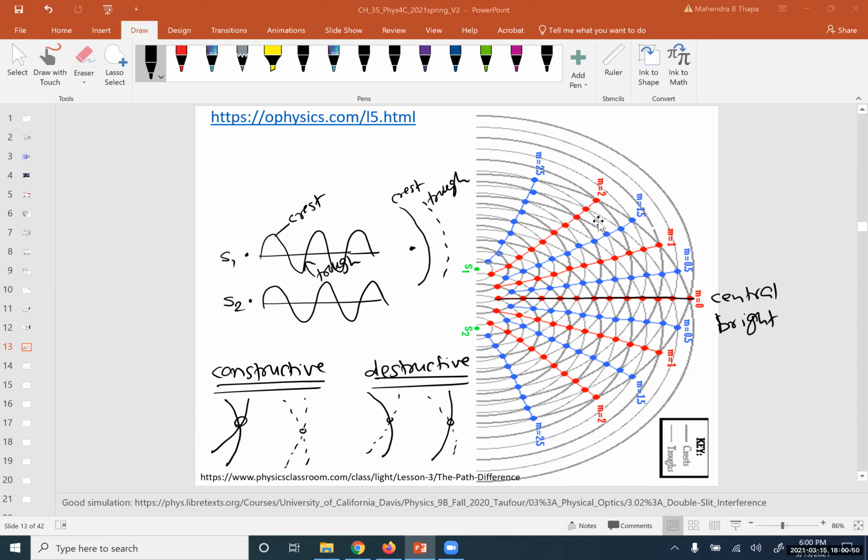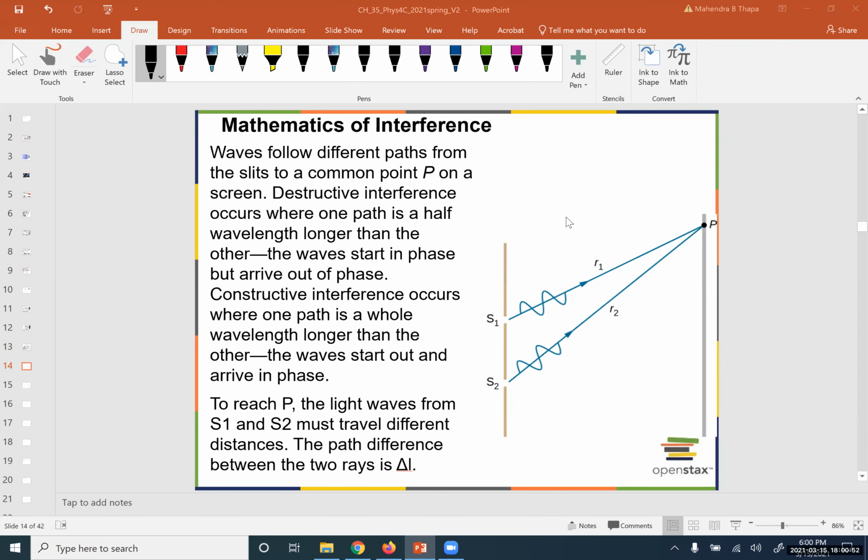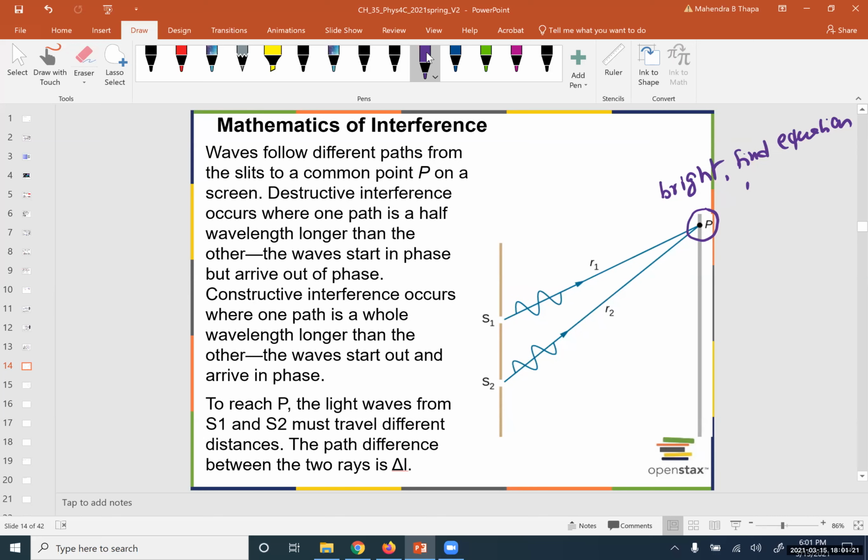Next I want to find what is the mathematical relation in the interference. Means in this example, I want to find at the point P, if it is bright, then we want to find the equation in terms of the separation between the slits.